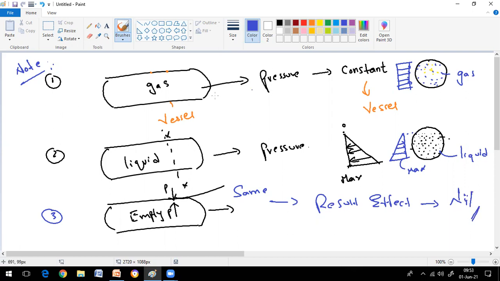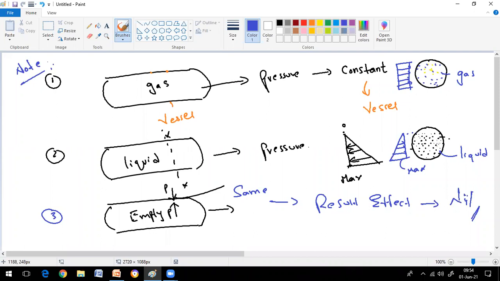Let me repeat the statements once more, remember them. When the vessel is filled with gas, the pressure is constant in all parts of the vessel. In case of liquid, the pressure is lowest at the top and increases with depth. And third, when the vessels are empty, they are subjected to atmospheric pressure both internally and externally, and hence the resultant effect at this particular point will be 0 or nil.